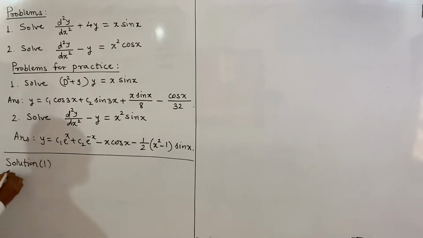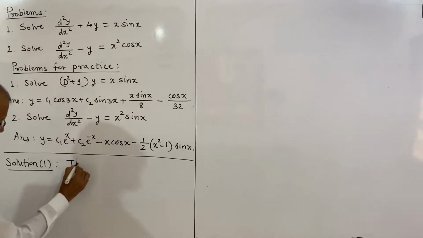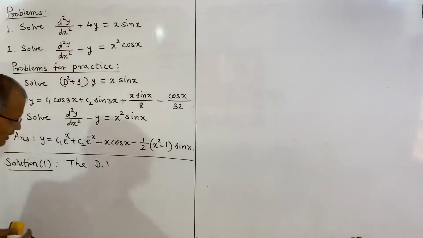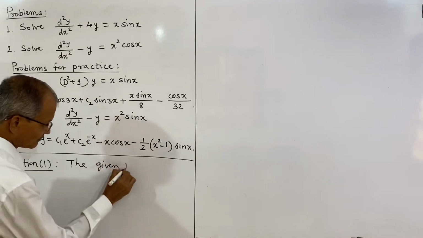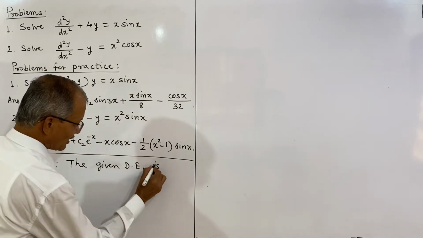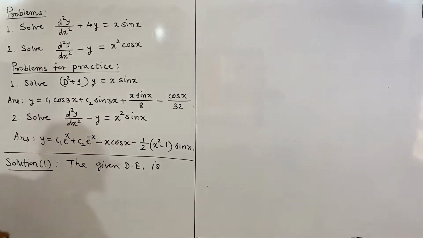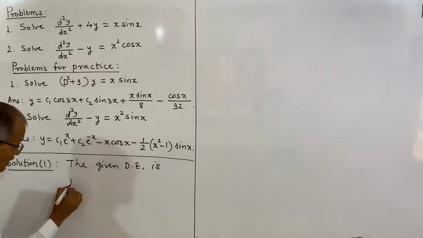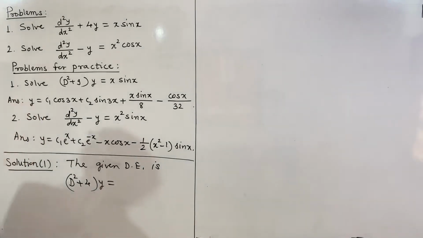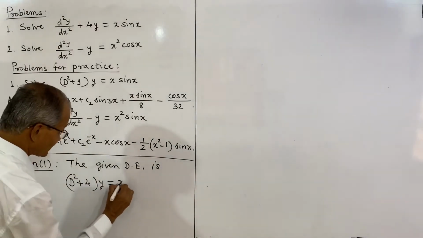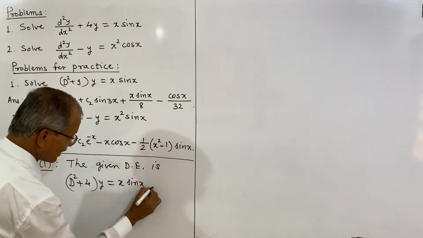The given differential equation, in capital D notation, is d square plus 4 operated on y is equal to x into sin x.